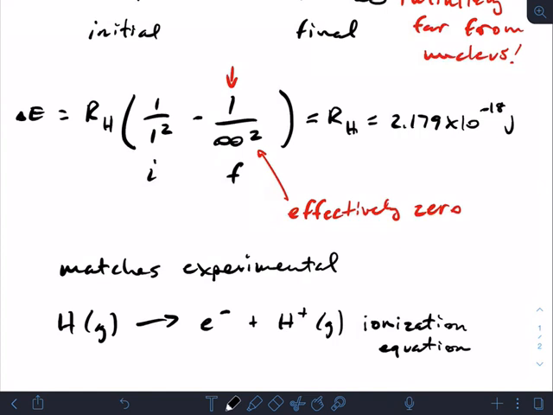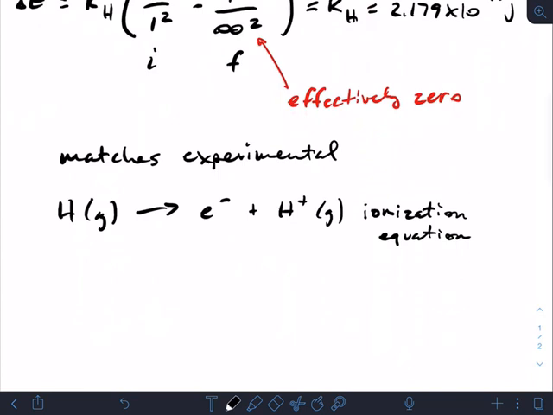All right, so I can calculate this for an electron starting in any level. I could say, what is it to ionize an electron if it starts in n equals 2, n equals 4, n equals 5, any of those things. And I can just figure out whatever 1 over that squared is times R sub H. Okay? So ionization is the energy it takes to remove an electron entirely from an atom, right?